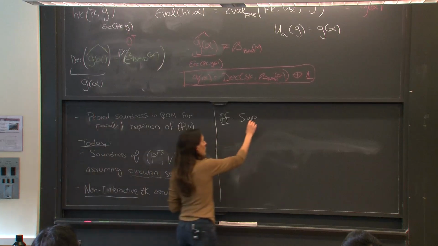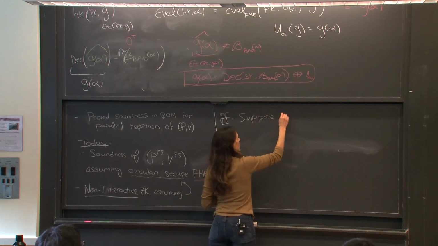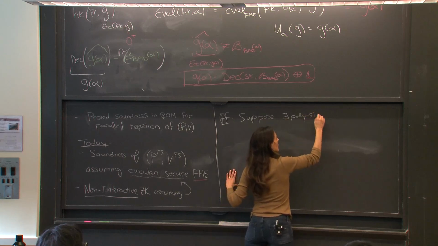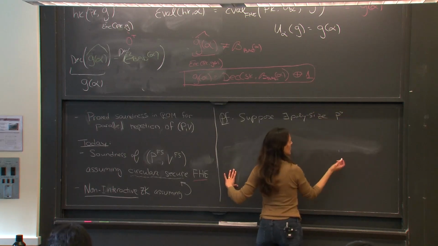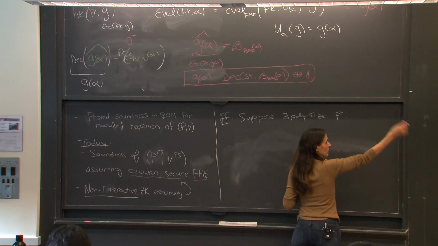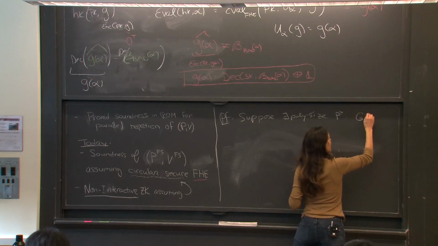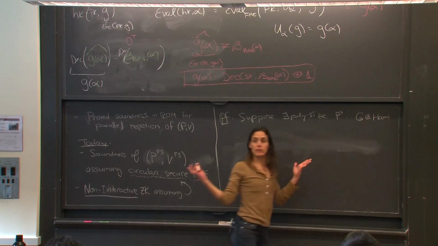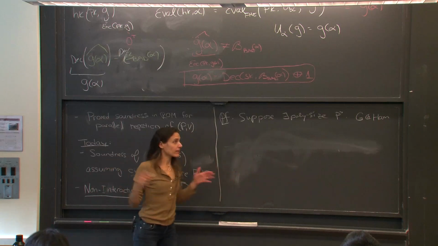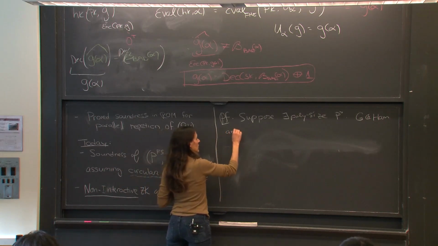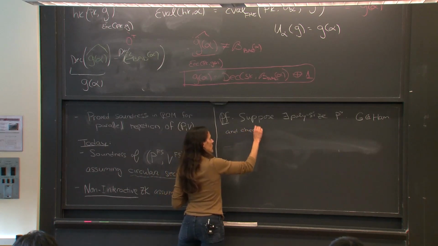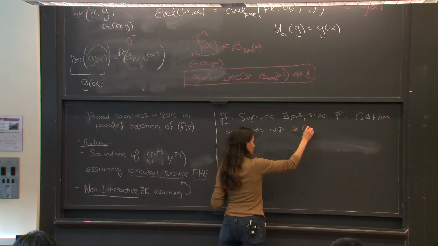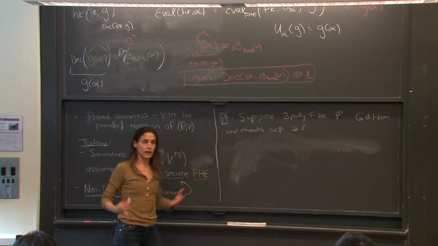So I say, suppose there exists a poly-size cheating prover, and he fixes some graph G that does not have a Hamiltonian cycle, and cheats. And successfully cheats with probability, let's say greater than epsilon. Epsilon is not negligible.